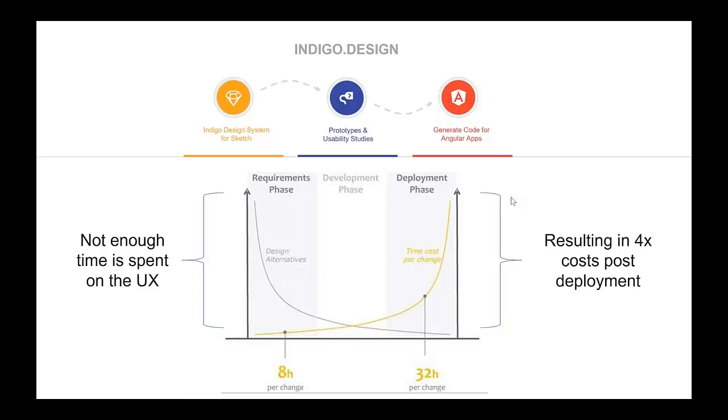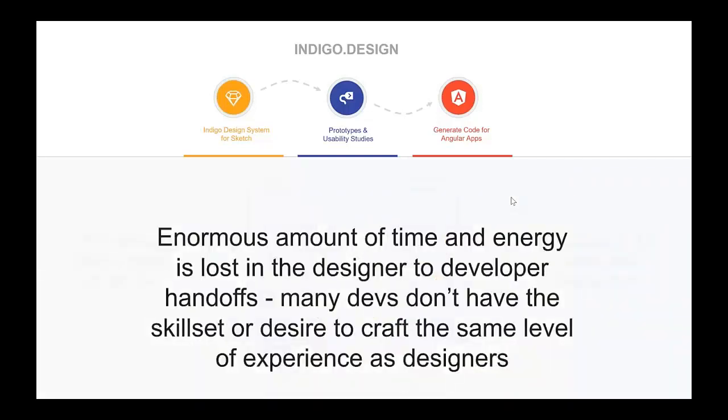They're in the thousands to tens of thousands, and in some cases hundreds of thousands of dollars that are lost because we don't spend enough time thinking about what the UX should be, what customers expect before you build the application and deploy it. So Indigo.Design is starting to help that problem, and you'll see today throughout the demo how we actually do that.